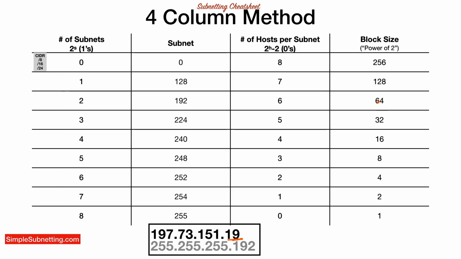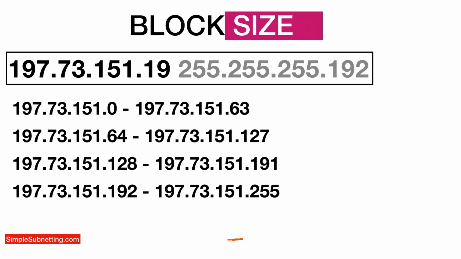The block size is 64. What is a block size? You know how the IP addresses are broken up into random looking groups, but it's not random. It's very methodical. And you need the block size to figure out how to divide those IP addresses into groups. So we found that for this particular IP address with this subnet mask, the block size is 64.